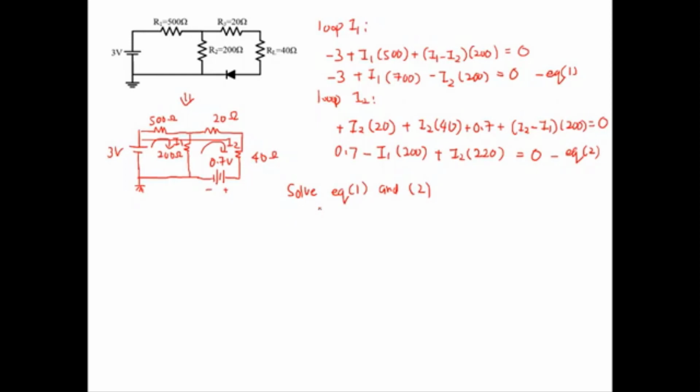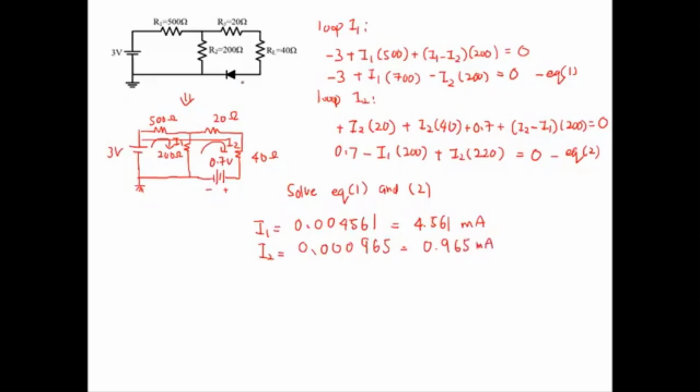For the simultaneous equations, the solution is I1 equal to 0.00456, which is equal to 4.561 milliampere, and then I2 is equal to 0.000965, equal to 0.965 milliampere.